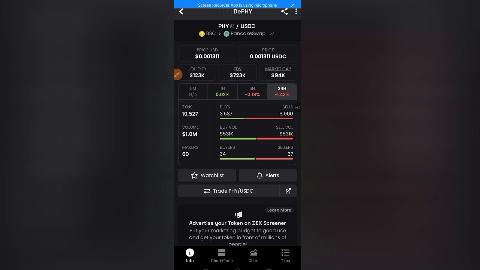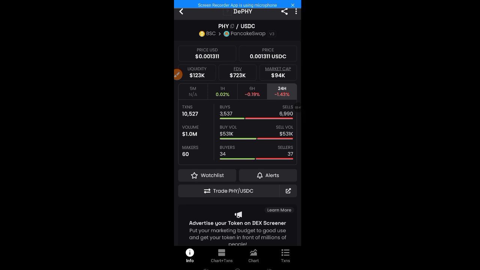So it means that the total money you can make from those shoes is $400, and that's the market capitalization of the shoes. It means that the price and the quantity supply of this current token in the market is $94,000. So how come we have liquidity of around $123,000?